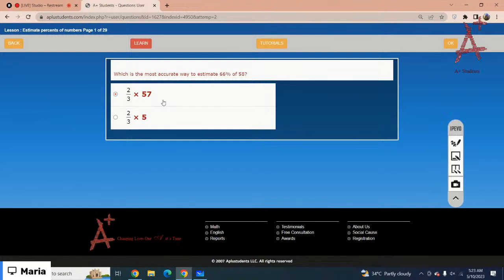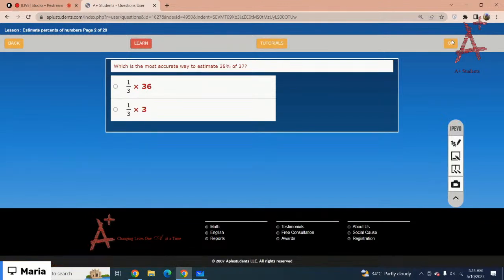You can divide 57 by 3. So that would be option number 1.